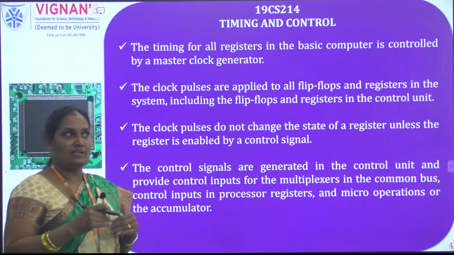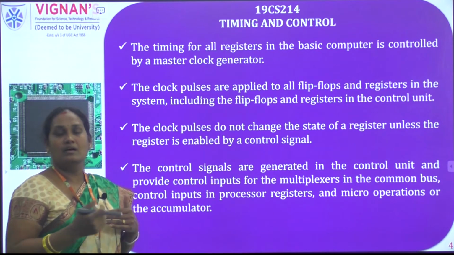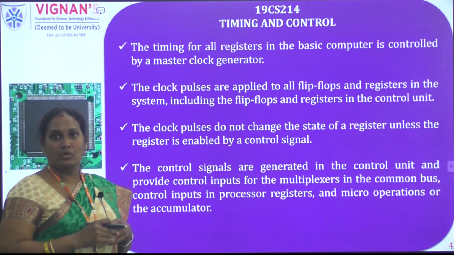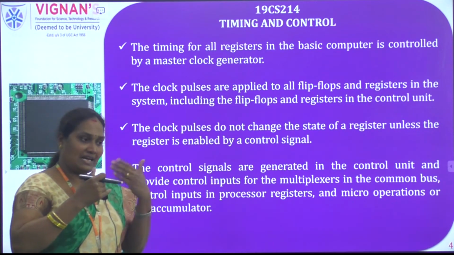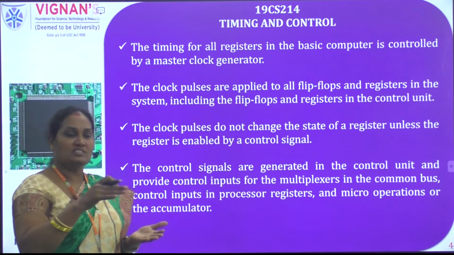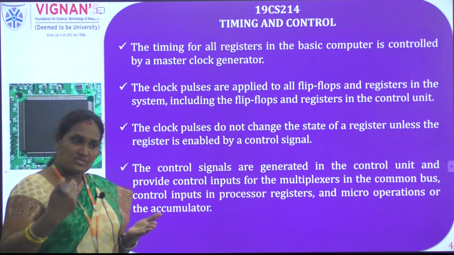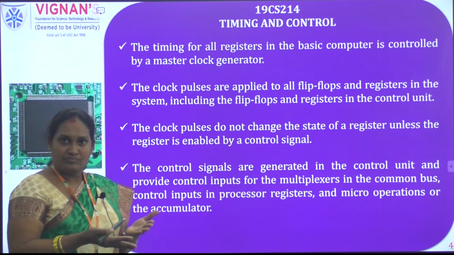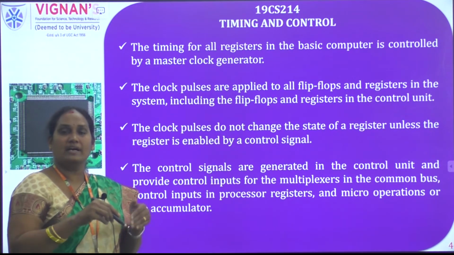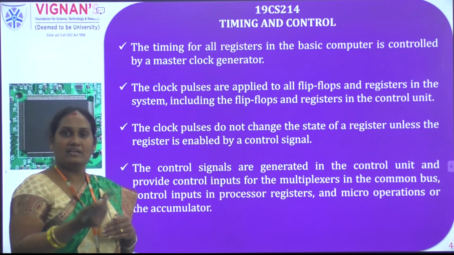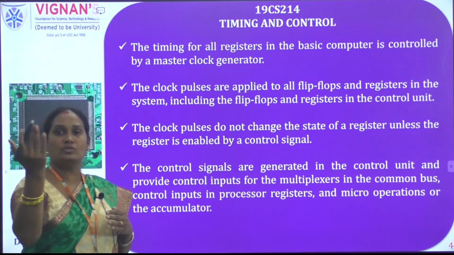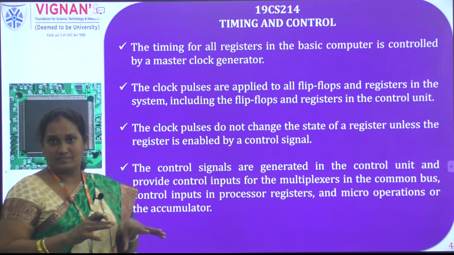For example, if we pass a load control signal to the accumulator, then the data from another register will be loaded into the accumulator. Without sending a load control signal, even though the clock pulse is passed to the accumulator, it does not change the state of that register. And if you apply a control signal store, the data present in the accumulator is stored to the memory at the clock pulse.